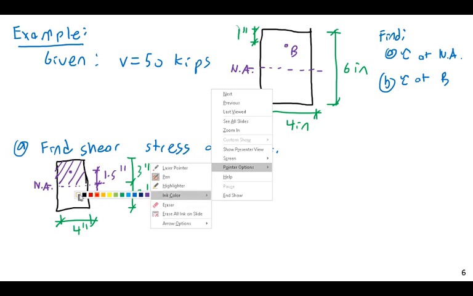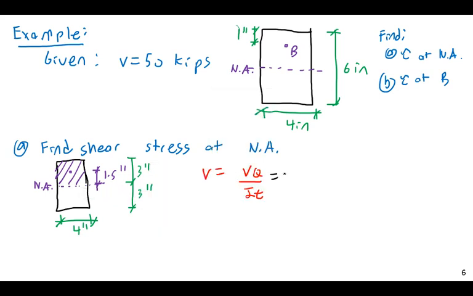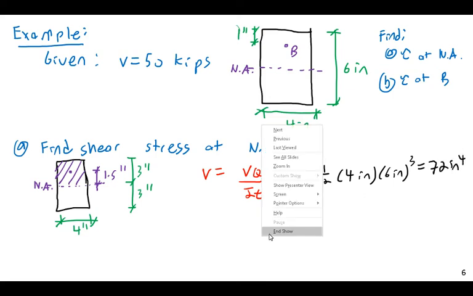So this is going to be equal to Ix, which equals 1/12 times 4 inches times 6 inches to the third, equals 72 inches to the fourth. Not a hard calculation.